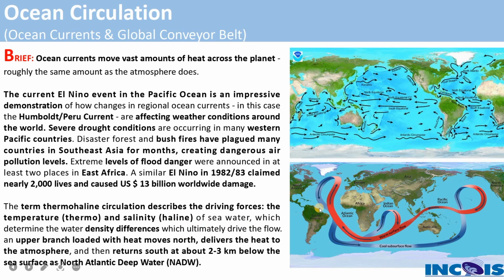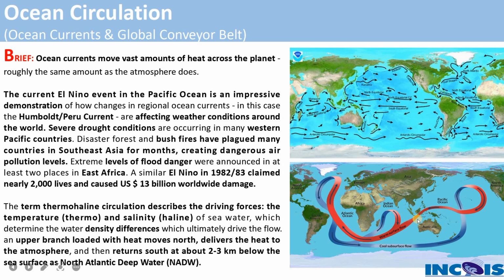The upper part, if you see, moves over the sea surface, and there is also flow at the bottom of the ocean, right? The upper part has warm surface water. It moves that warm water from the equator to the poles, right?